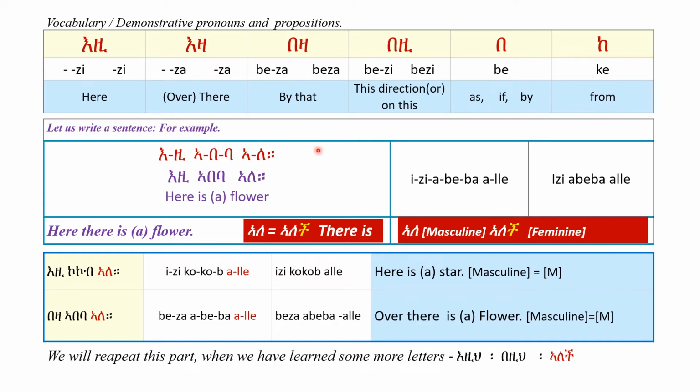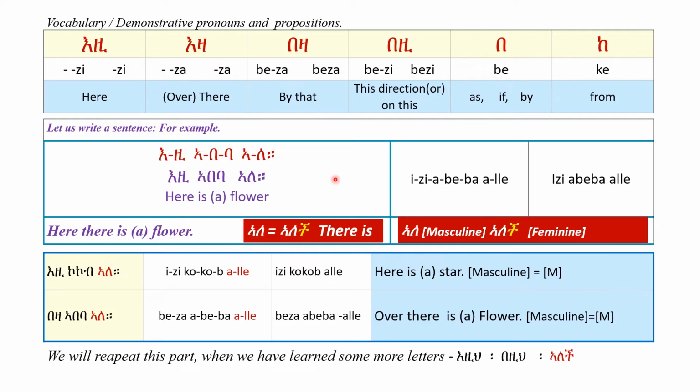Let us write a sentence. እዚ አበባ አለ. Alle. It means here is a flower. Alle, because in Amharic, abeba is a masculine noun.